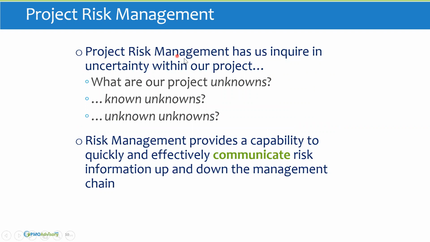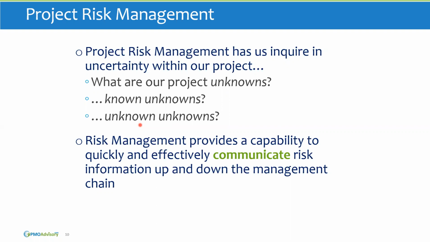So project risk management has us look at uncertainty in our projects. What are our project unknowns? What are our known unknowns? Those are risks that we've identified. Our unknown unknowns are risks that we have not identified. One of the reasons that we want to continuously identify risks throughout the project, not just at the beginning, is because there could be unknowns that are not yet identified that emerge later.